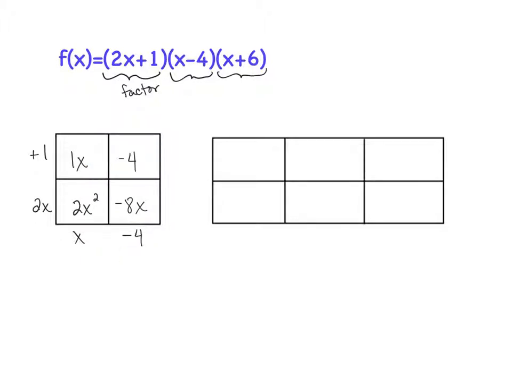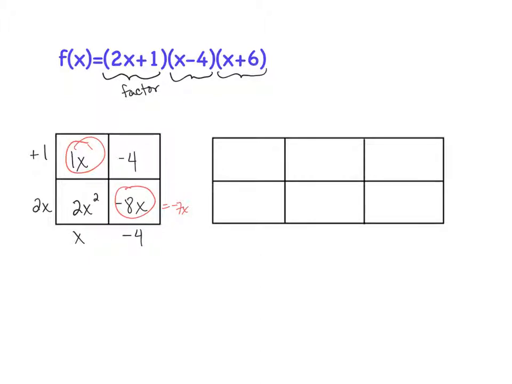So when I look at this, 2x squared can't be combined with anything else inside of this area model. The only two things that I can combine are my 1x and my negative 8x. So I'm going to combine those two to get negative 7x.